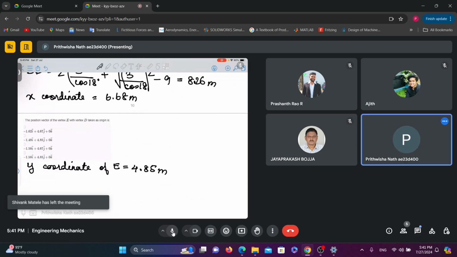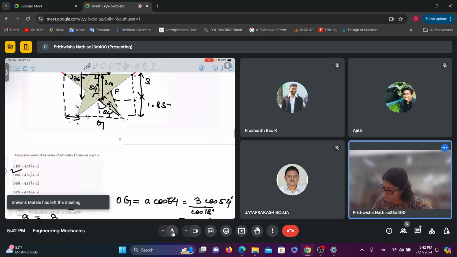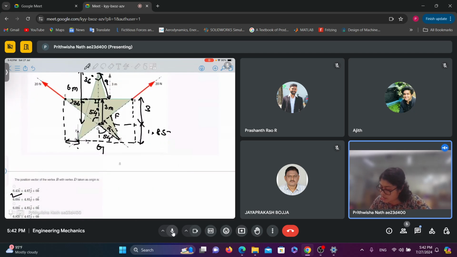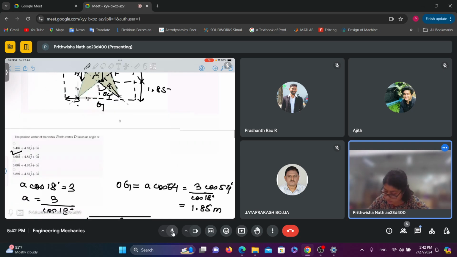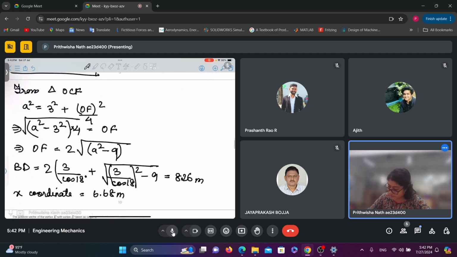So from this triangle, the distance between vertex E and this point O, I can write it as A plus, let this be H, so A plus OH, right?